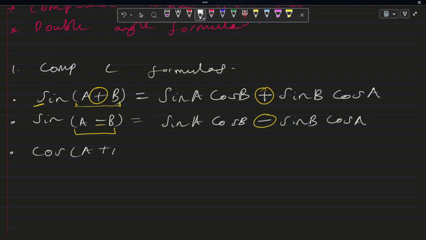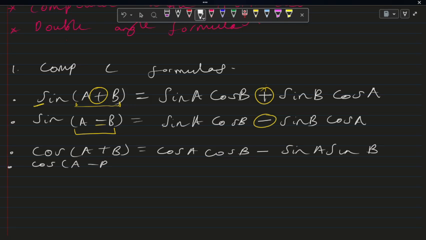So if we have cos of A plus B, this is equal to cos A cos B minus sine A sine B. And then if we have cos of A minus B, we will be left with cos A cos B plus sine A sine B.